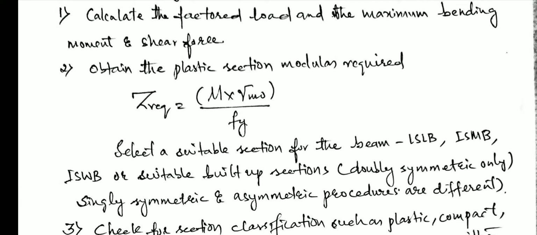This formula is not given in the code book, so you should remember it: Z required, or Zpz, where Zpz indicates the plastic section modulus, is equal to M divided by fy multiplied by gamma m0. M is the design moment; fy, if it is not given, you have to assume as 250 Newton per mm square. Gamma m0 you get from page number 30.